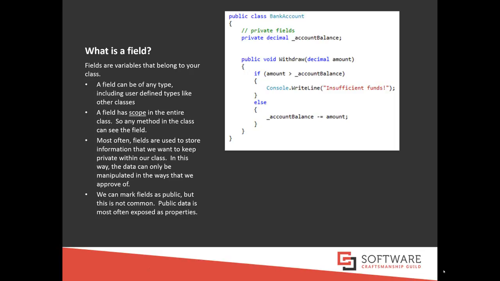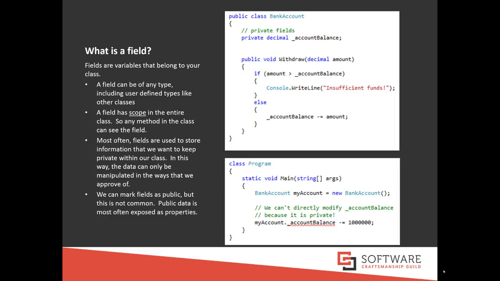And in the method, the first thing I do is check to see if the amount is greater than the balance. And if it is, I'm going to write out a little message and not withdraw the money. If the account balance is more than the amount, though, the else statement, I can go ahead and subtract the amount from their balance, and that's fine. Notice in our program, main, we instantiate a bank account.